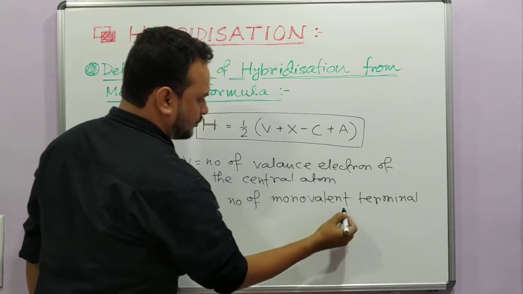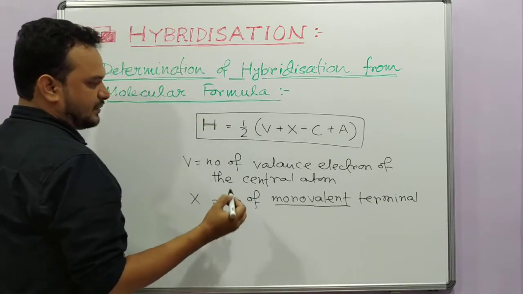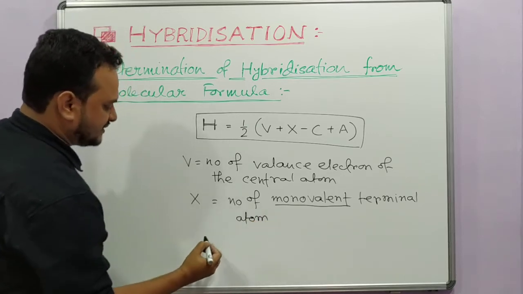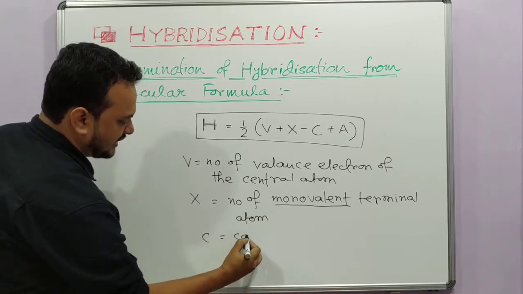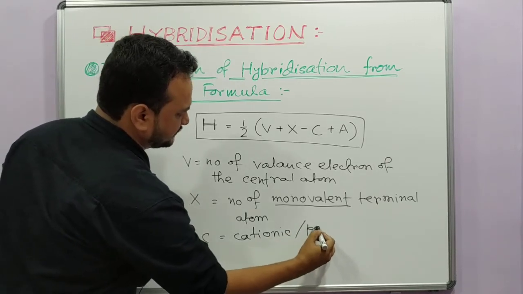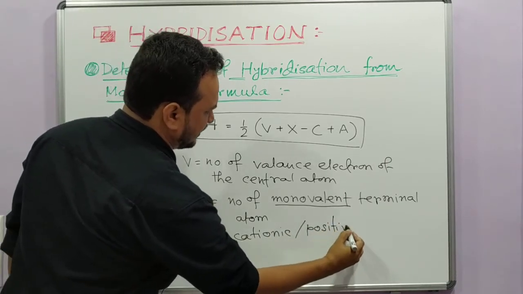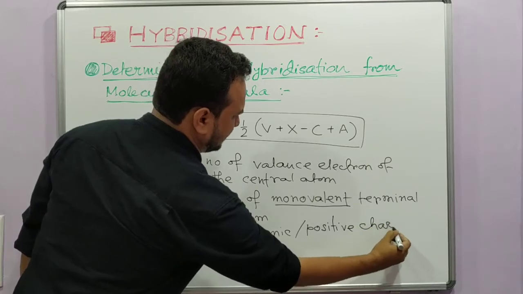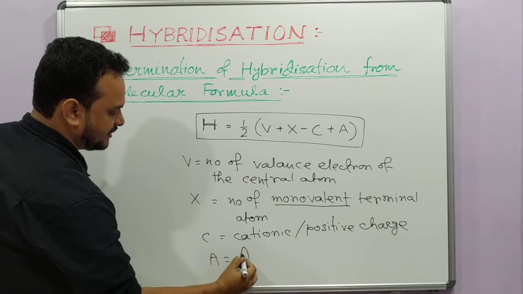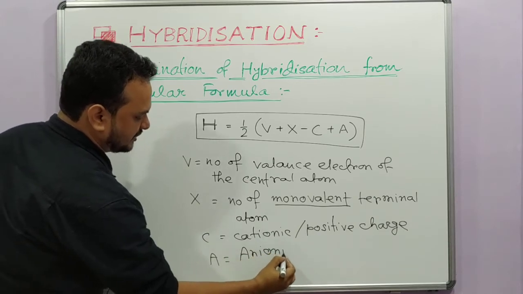This word monovalent is very important. Number of monovalent terminal atoms. What is C? C means cationic or positive charge. And A means anionic or negative charge.